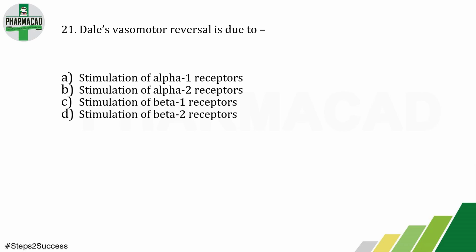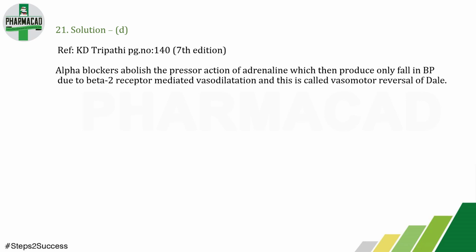Next question, Dale's vasomotor reversal is due to. So we have 4 options, that is stimulation of alpha 1 or alpha 2 or beta 1 or beta 2 receptors. So the solution is option D, that is stimulation of beta 2 receptors will lead to the reversal of Dale's vasomotor.